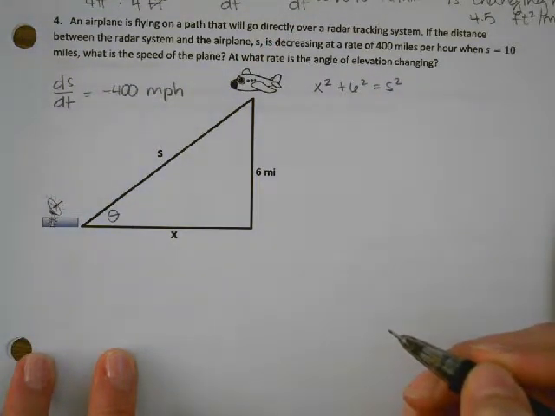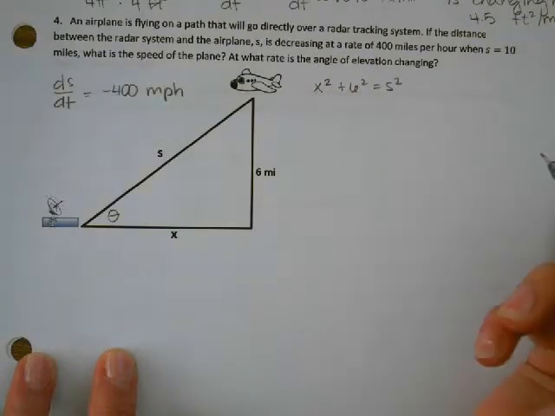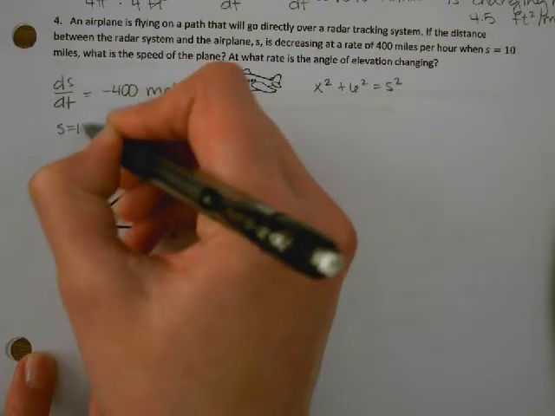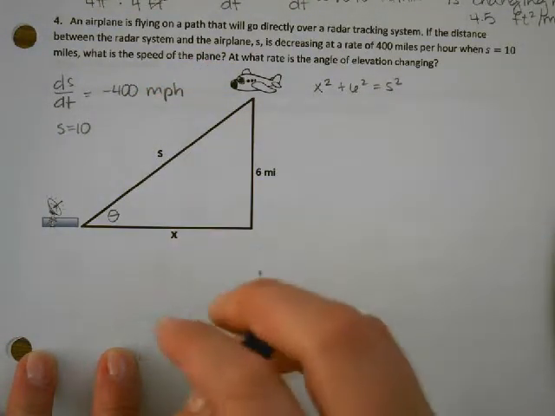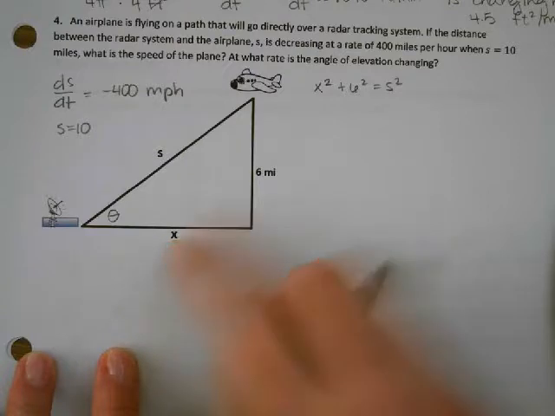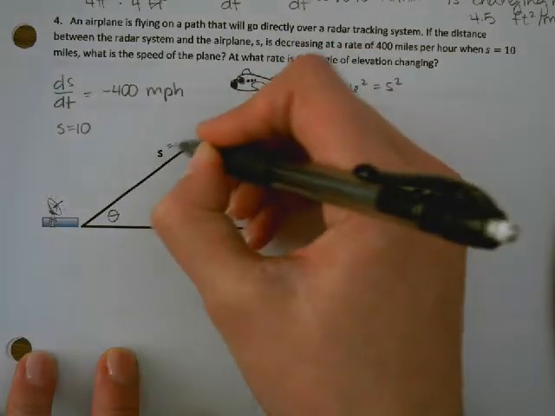They gave me a value, they're saying that s equals 10. So we do know that. Is it possible for us to figure out what x is when s equals 10? Yes, right? We can do that in the Pythagorean theorem right here. So we'll say s equals 10.